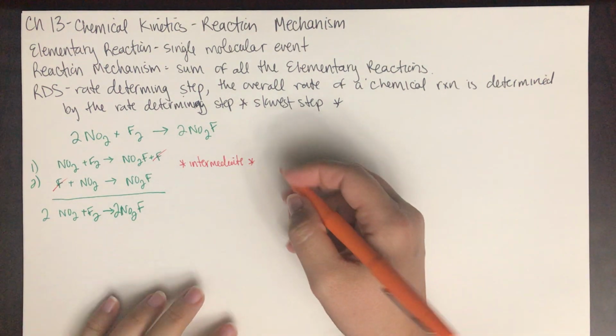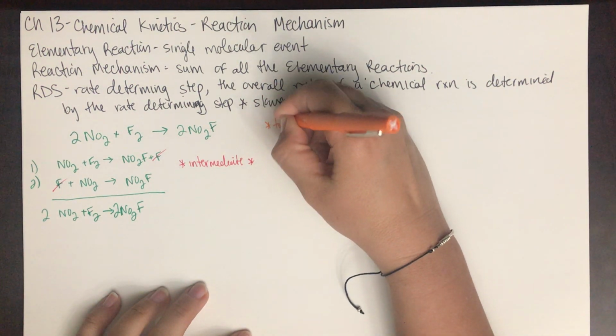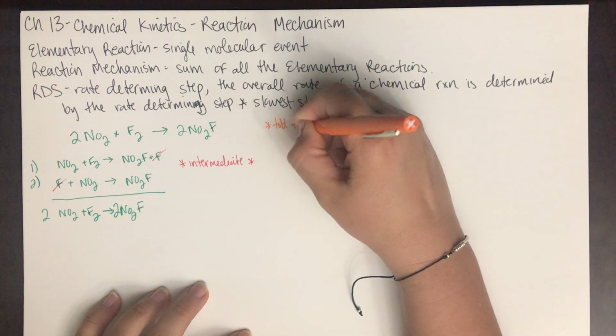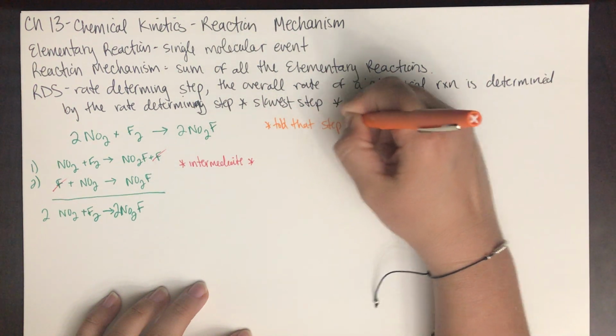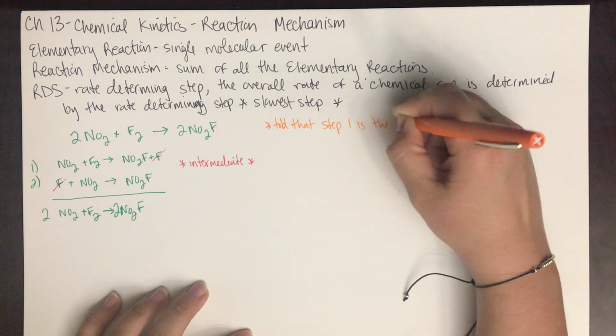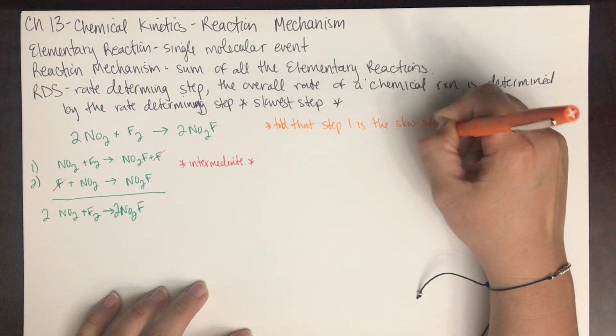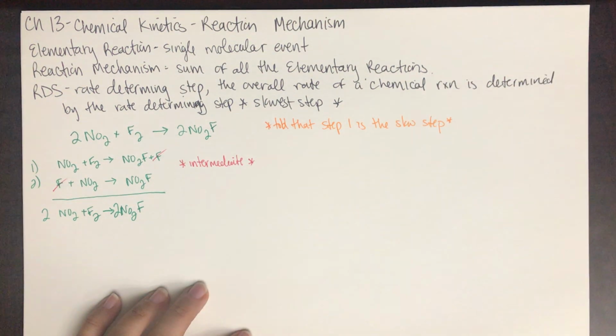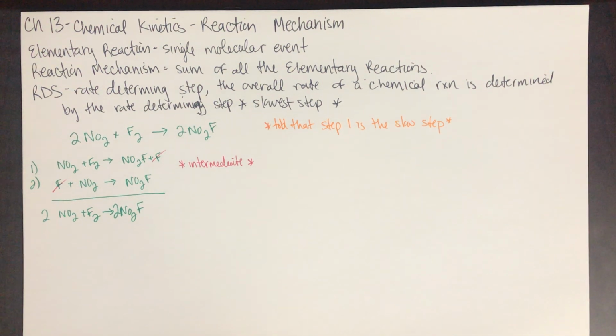So in this example, you would be told that step 1 is the slow step. That means if you are asked to write the rate law for this, it would only come from the slow step.